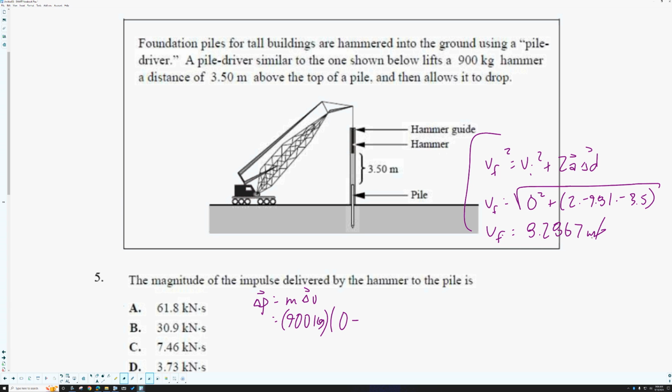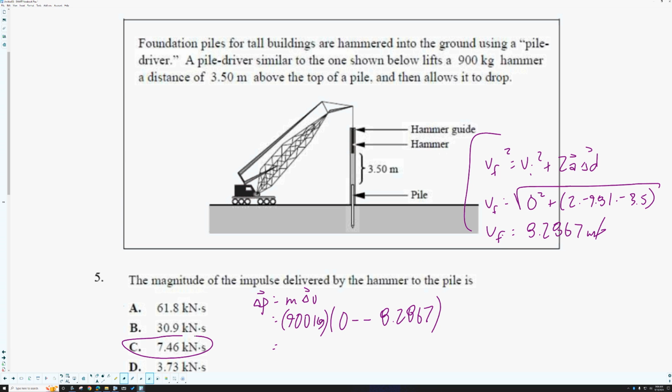Because it's not really 8.2, it's negative 8.2. Because the speed was 8.2, the velocity is negative 8.2. 0 minus negative 8.2 is just 8.2. We multiply those together. I think it was 7.46 times 10 to the 3, which is 7.46 kilonewton seconds.